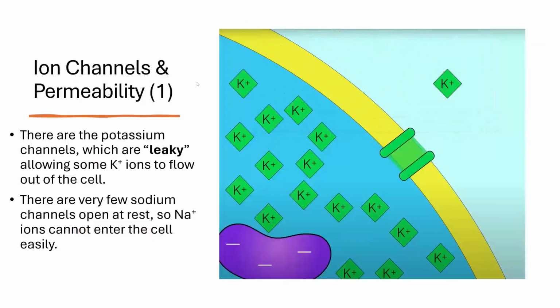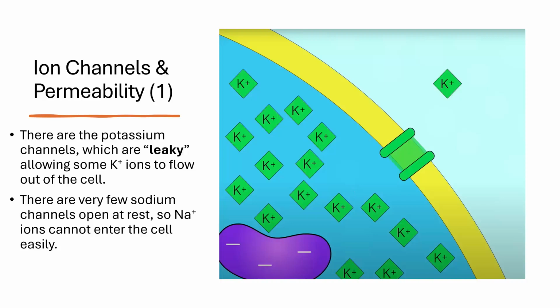Now, let's see about the ion channels and the permeability. You may see here that there is a gate, a channel. This is a potassium channel, and potassium channels in general are leaky, allowing some potassium ions to flow out of the cell.